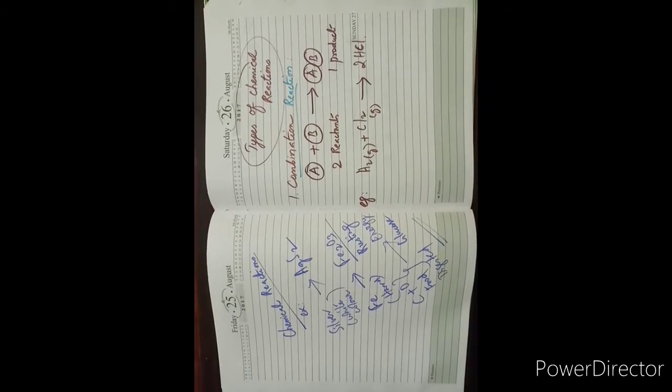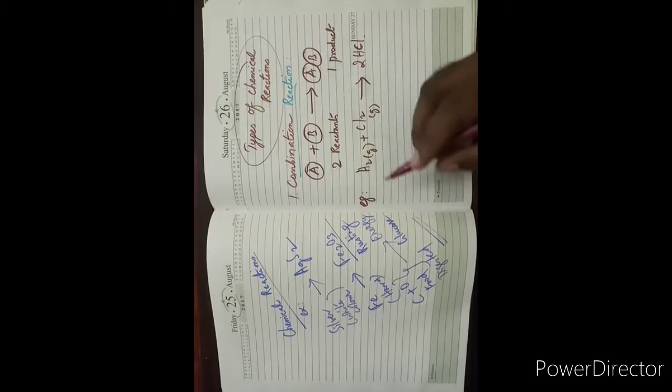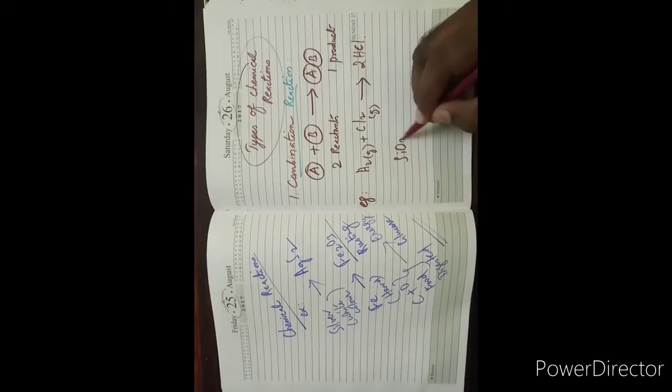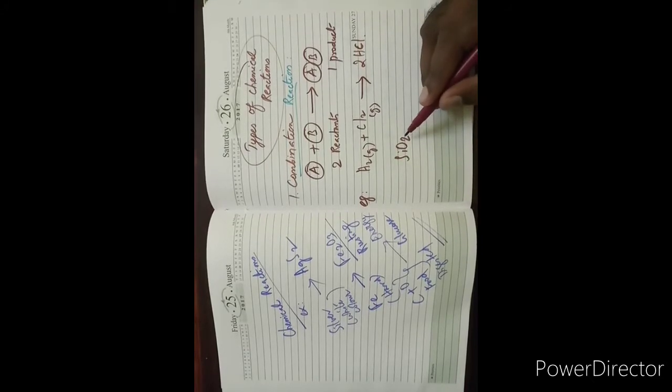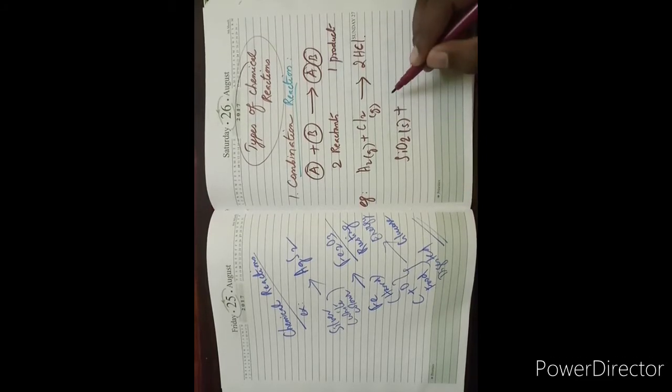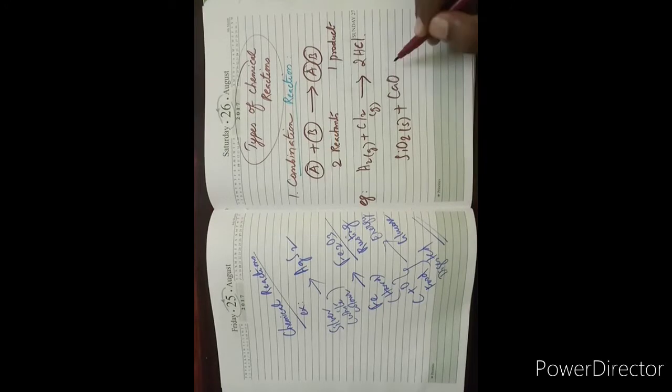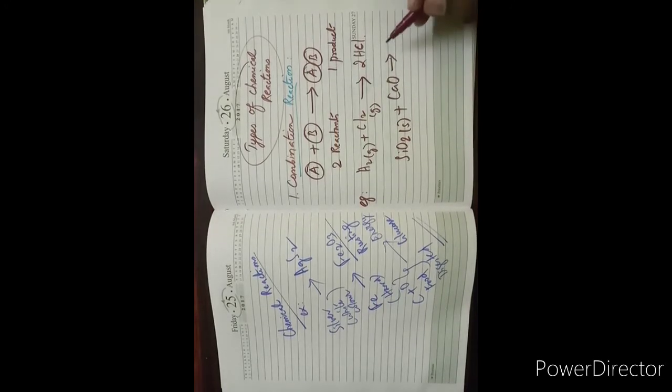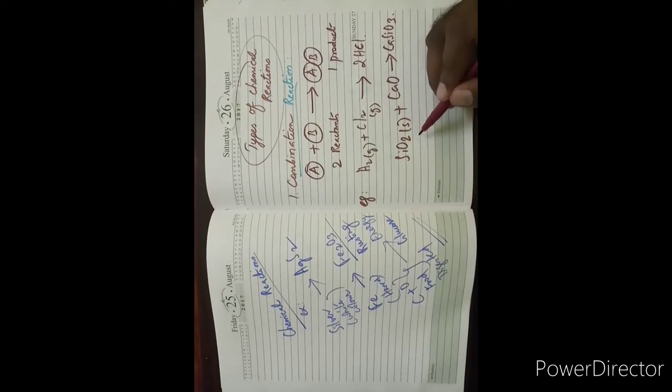Next one is SiO2, which is a solid substance, and CaO, calcium oxide, combines to give CaSiO3. What is this SiO2?